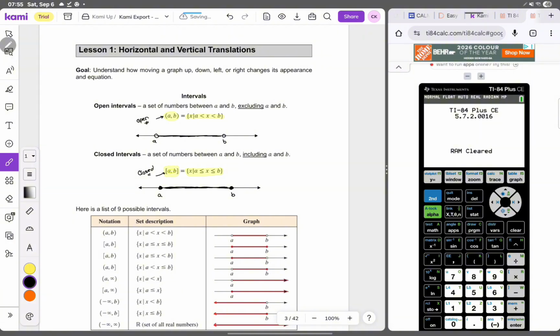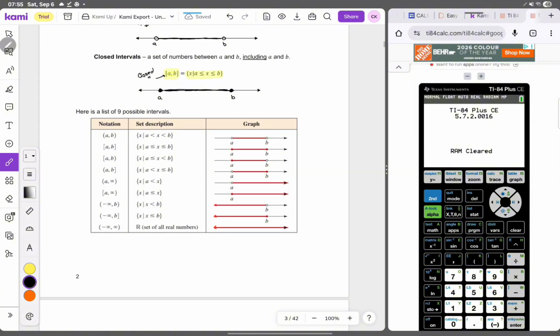And just like our domains and ranges before, we can mix and match brackets. So I could equal one side, not equal the other side, not equal one, equal the other. We can also write to infinity. When we're writing to infinity, meaning I go up forever, you can see we always use the curved brackets for infinity.